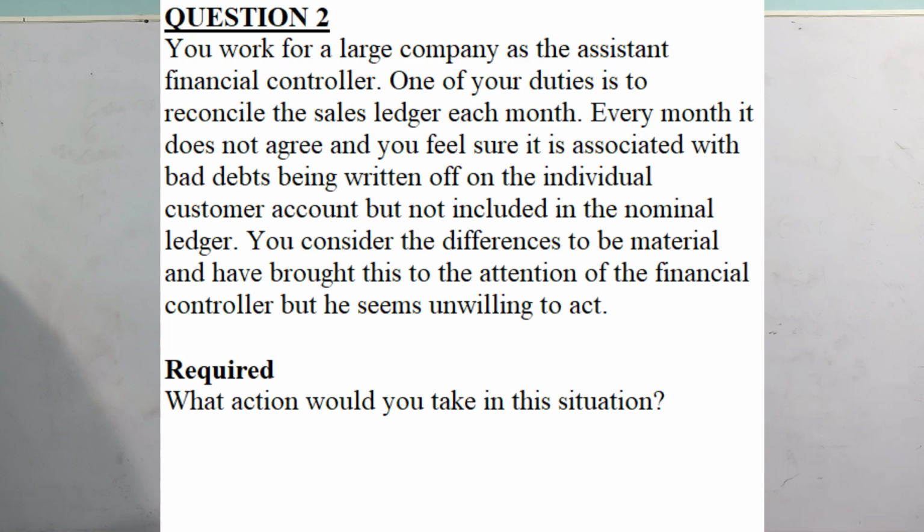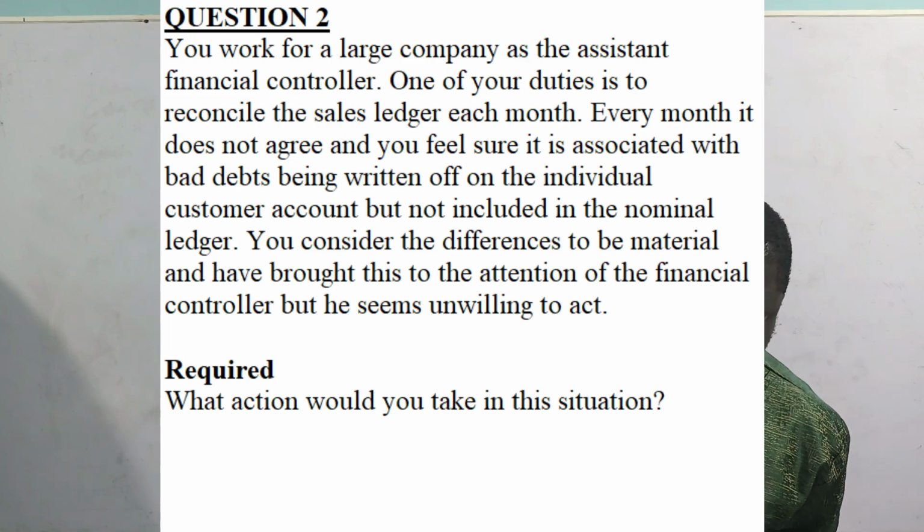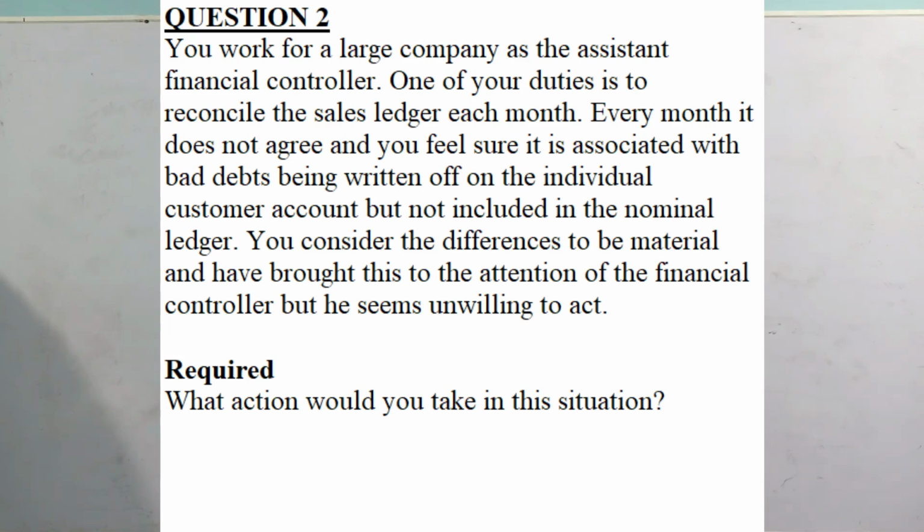Question 2. You work for a large company as assistant financial controller. One of your duties is to reconcile the sales ledger each month. Every month, it does not agree, and you feel sure it is associated with bad debts being written off on the individual customer's account, but not included in the nominal ledger.